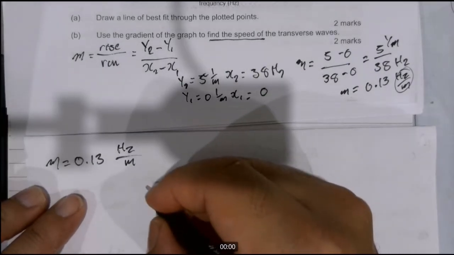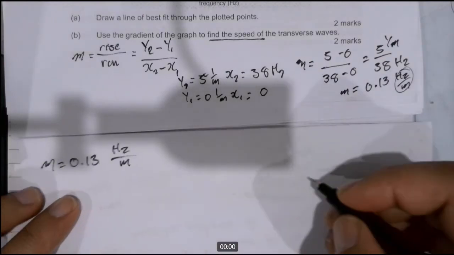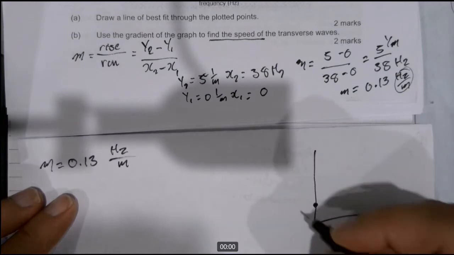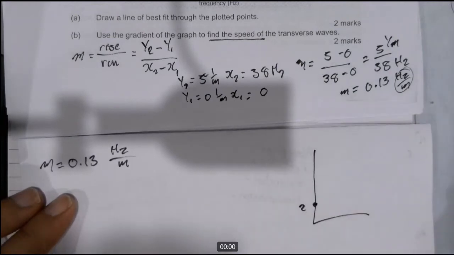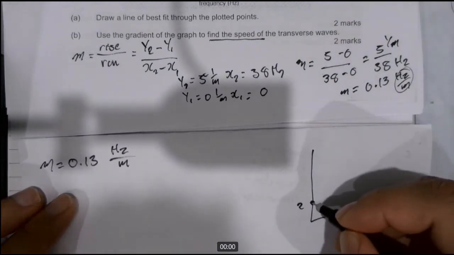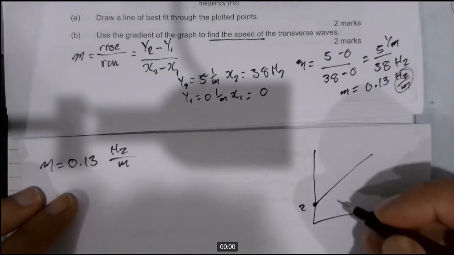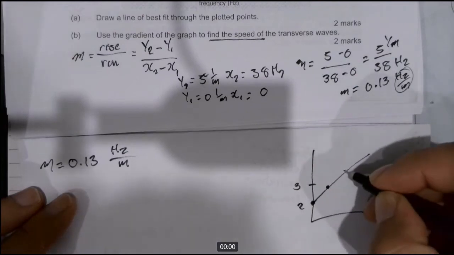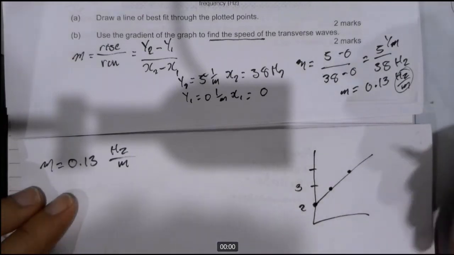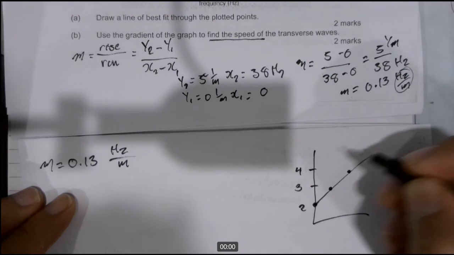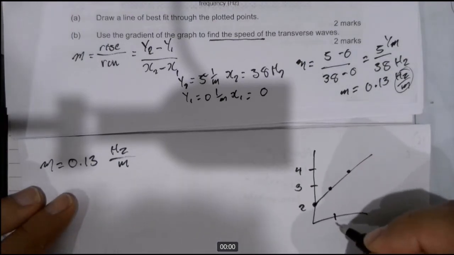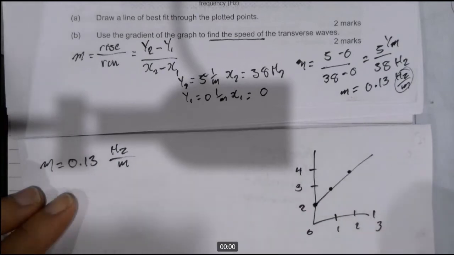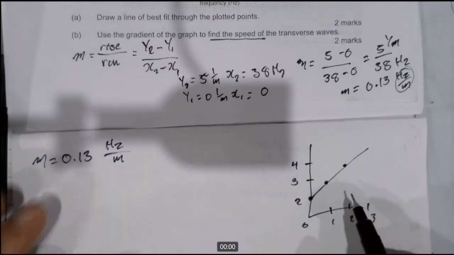Now, if you had some kind of graph, say this point here was 2, and that went up that way, and say a point here was 3, another point here was 4, and let's say here is 1, here is 2, here is 3, and right here is 0. We can define this graph.